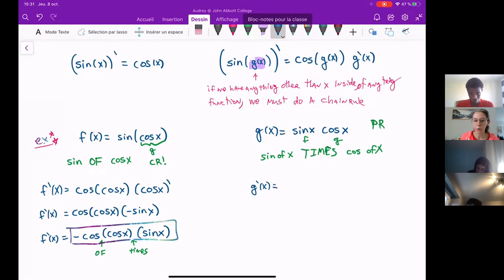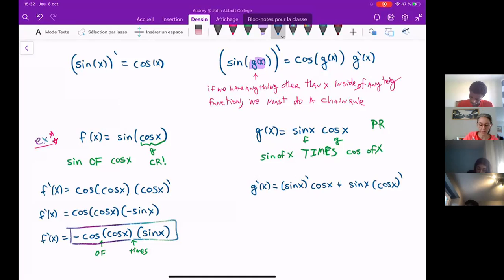Over here, though, I'm going to be applying a product rule. You cannot do the cosine squared x here because it's not cosine x times cosine x, it's cosine of cosine x.